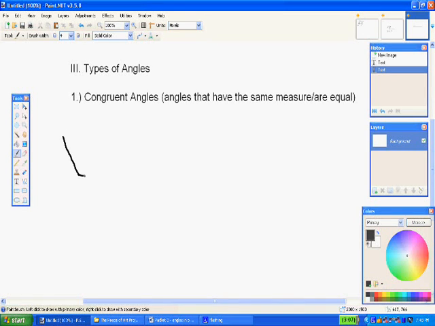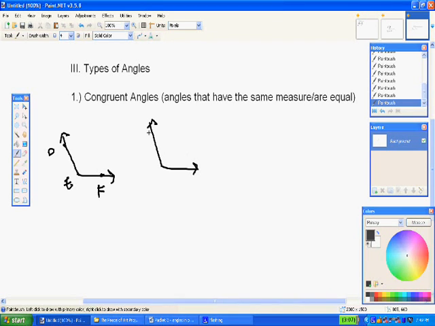We have angle D, E, F, and we have angle G, H, I. And they're both equal to 100 degrees. Because they're equal to the same thing, we call them congruent angles.